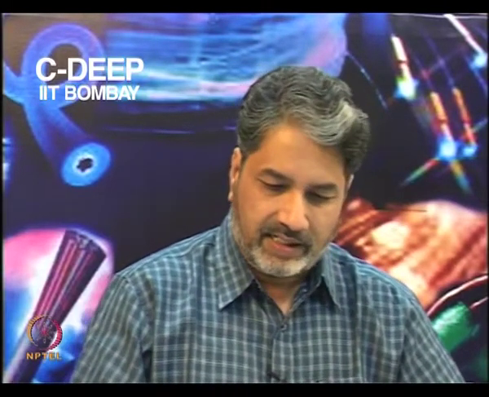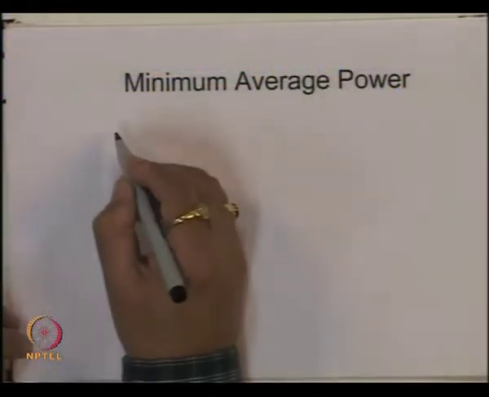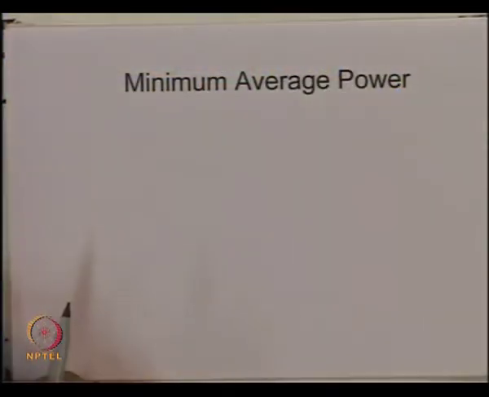So, to calculate the minimum average power, let us say we have some power received corresponding to the 1 level, and for the 0 level, without losing generality, let us say some P0 power is received.